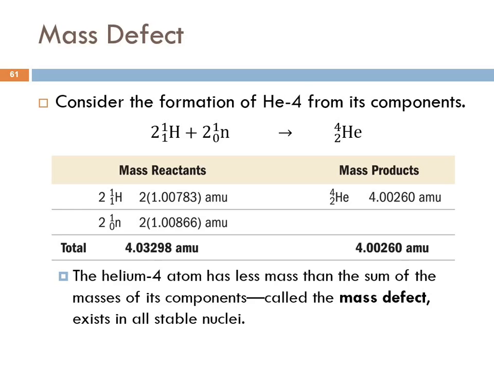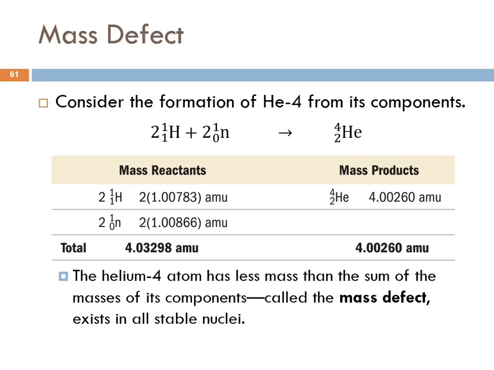Okay? So here are the mass totals for the reactants, the mass totals for the products. Again, mass is not being conserved here. The helium-4 atom has less mass than the sum of the masses of its components.